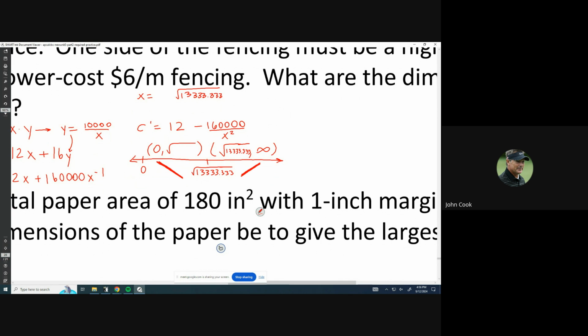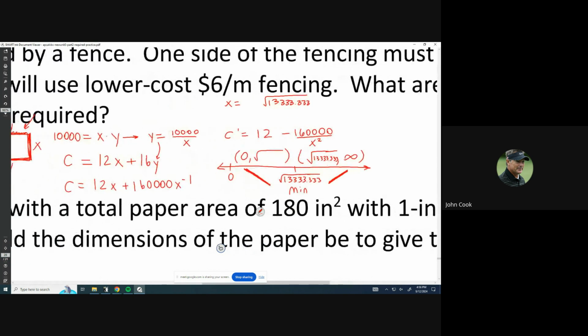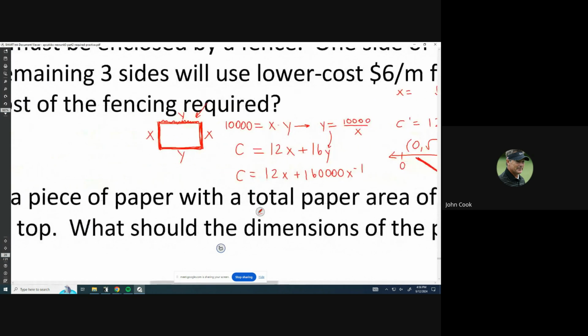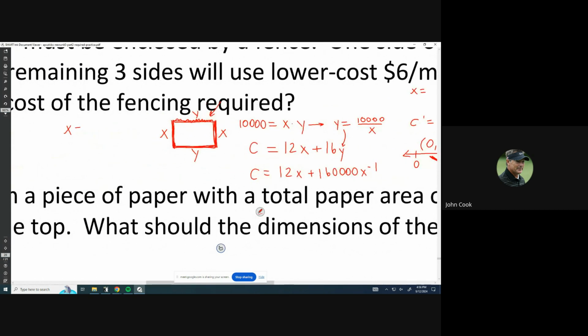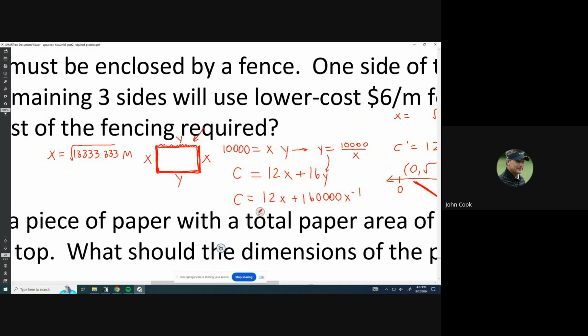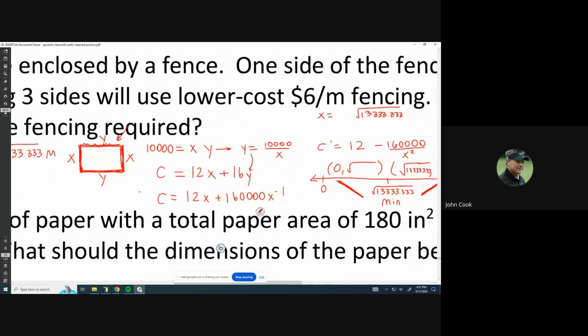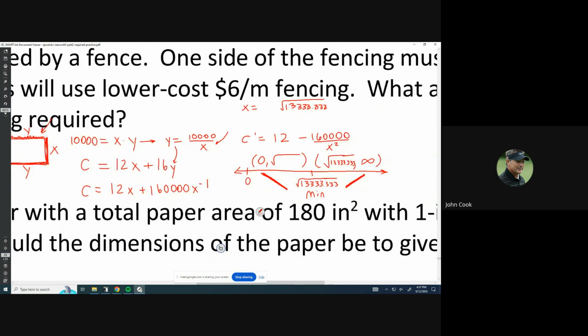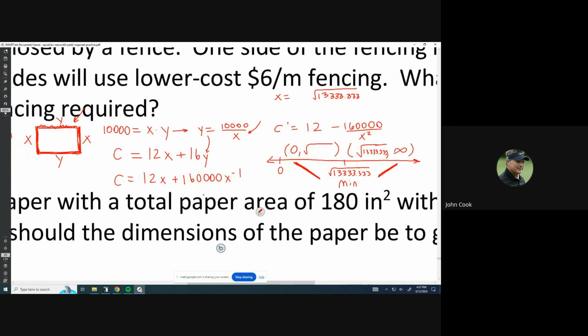So if it goes from decreasing to increasing, this is definitely going to be a minimum value, and that allows me to find all the dimensions that I want, because I know that my x value is going to be equal to the square root of 13,333.333, and I don't remember what the units were. Meters of fencing. And then also the y value is going to be, whatever the x value is, I have to plug in over here and divide it into 10,000.